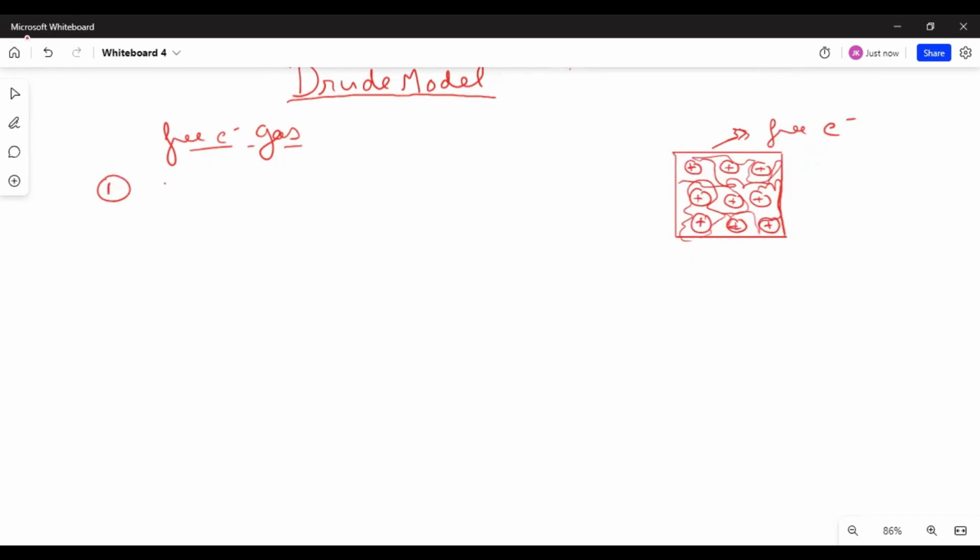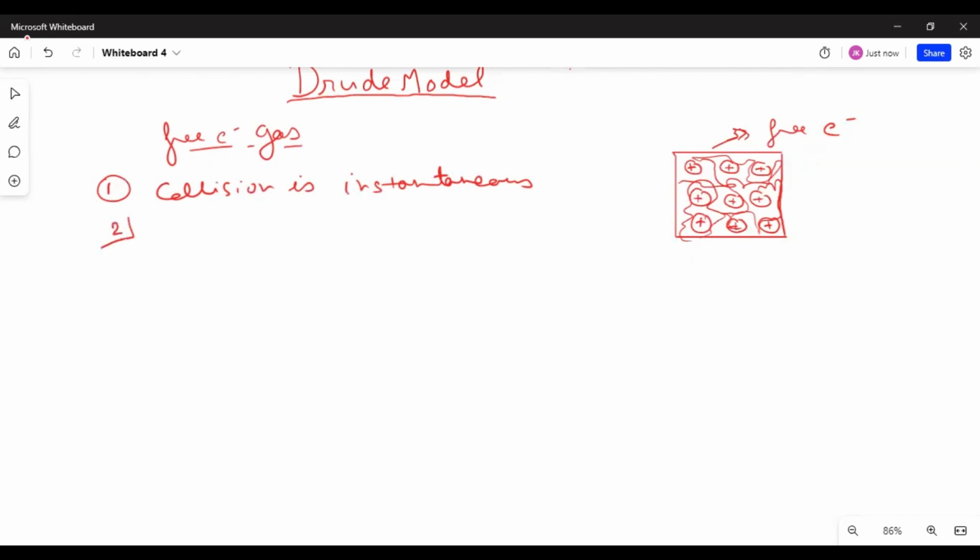So it means collision is instantaneous, and between one collision and another collision there is no interaction between them.